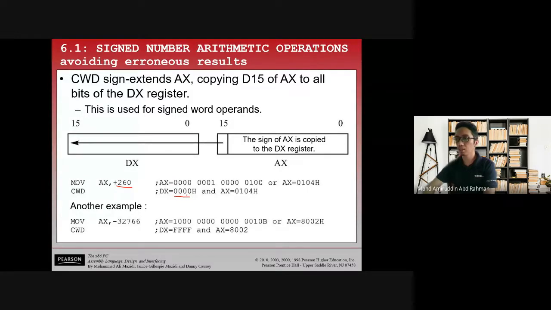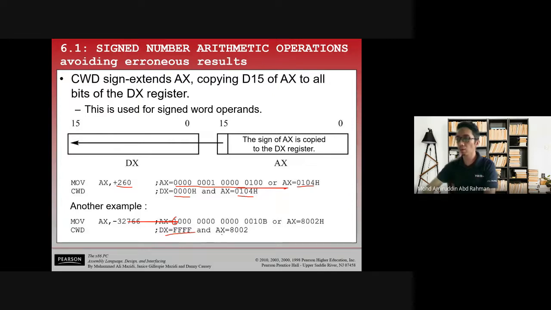It is similar because it is positive, so AX is 0104 in hex. In terms of negative, if you have the negative sign, then DX all becomes FFFF, all ones. So it is similar like that.